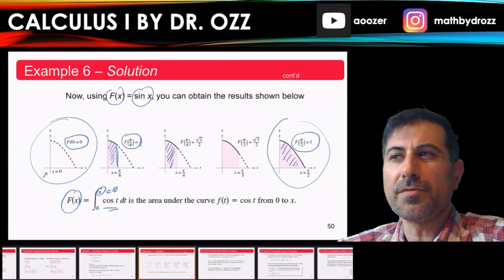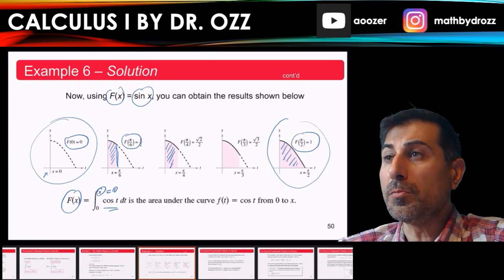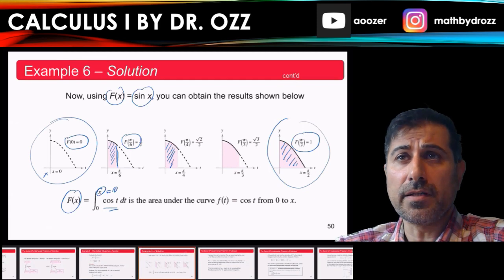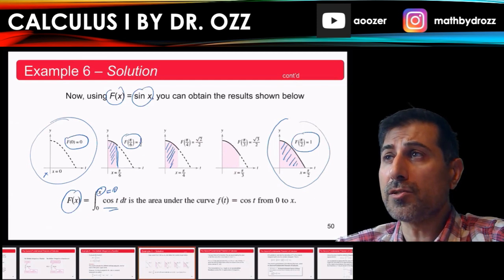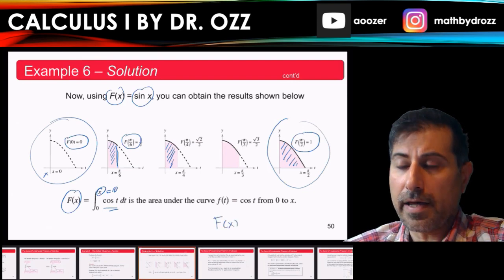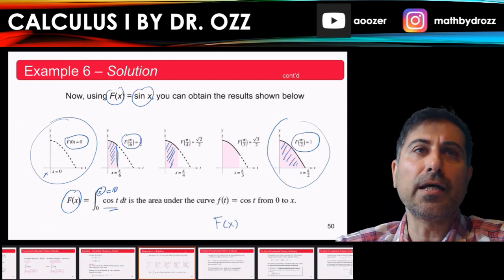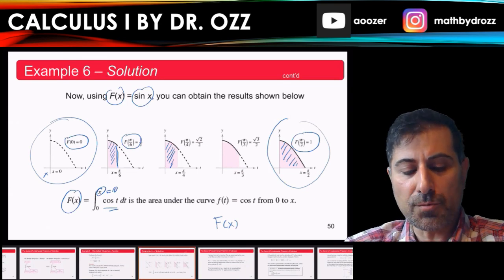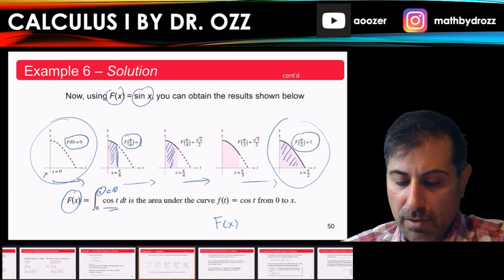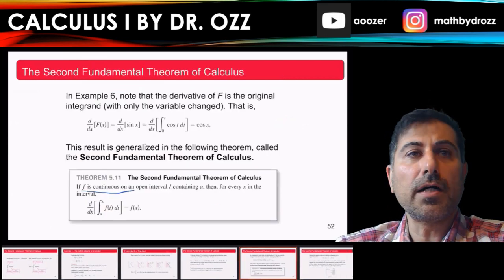So this interpretation of an integral as an accumulation function is used often in many real world applications. So in fact, take this F as accumulating the area, because every time you move in this direction, the area accumulates.